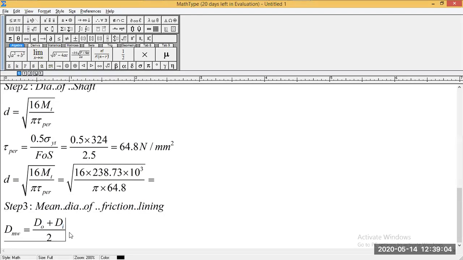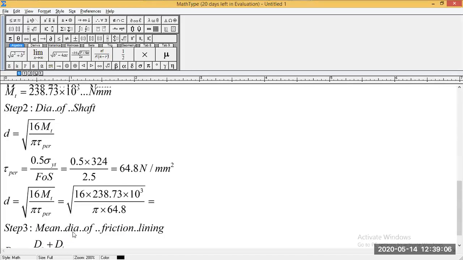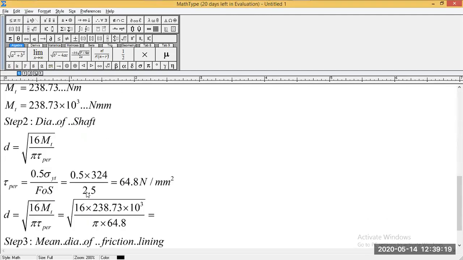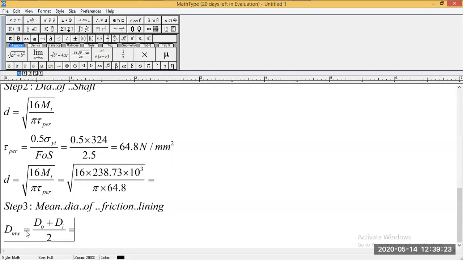Okay, so in the data, d naught is given in terms of di, that is 1.5 di. Therefore, we can substitute one in terms of the other. Do we know the mean diameter? No, I guess we don't know the mean diameter yet.